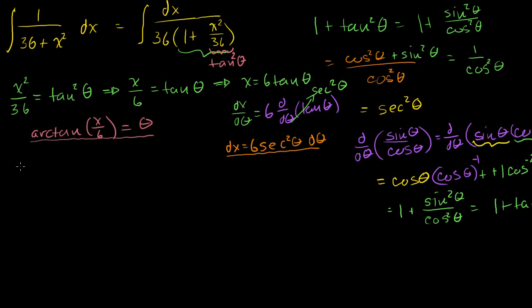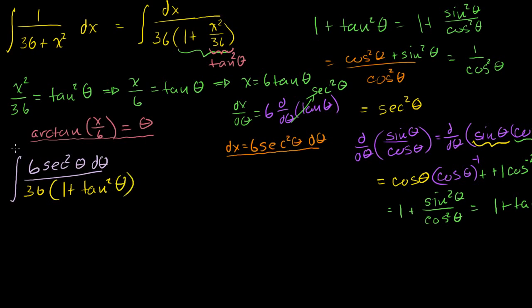Our integral now becomes the integral of dx. What's dx? It is 6 secant squared theta d theta, all of that over this denominator, which is 36 times 1 plus tangent squared of theta.